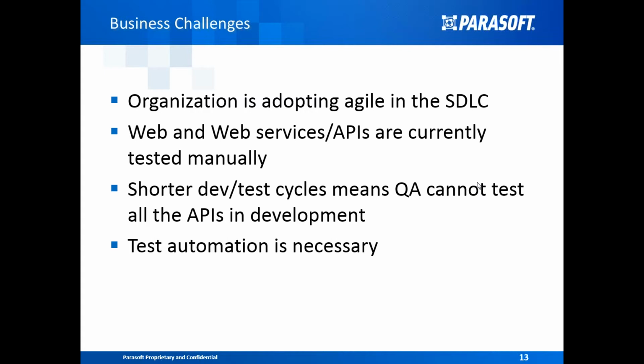Additionally, we learned that the types of issues that the organization is dealing with lately are all around integration of their systems, and as the complexity of your systems has been growing, integration and integration testing has been a bigger and bigger challenge for you.